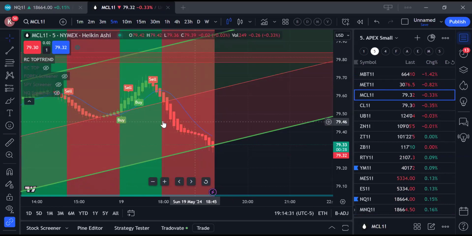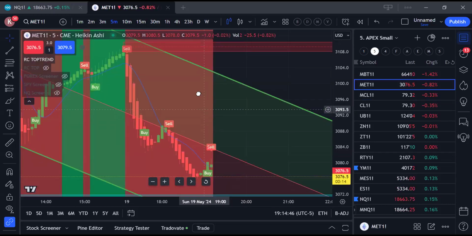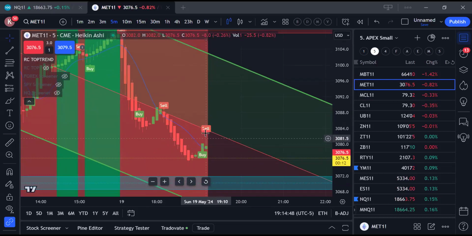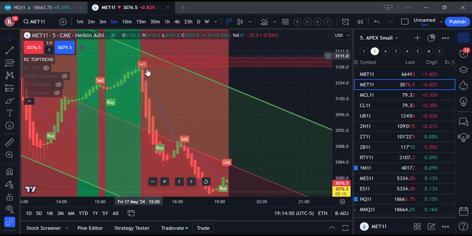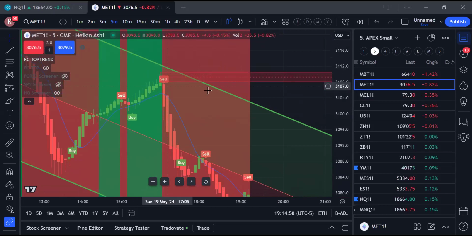So we can avoid this type of chop and trade when you see a clear trend, especially when you have minus 1.4% within 1 hour, nearly 1% down within 1 hour. That means Bitcoin, Ethereum are very bearish. So whenever you see a sell, and especially if you get the sell at the top, you will make huge money. For a bullish one, you have to look for the buy at the bottom. For a bearish one, you have to look for the sell at the top.